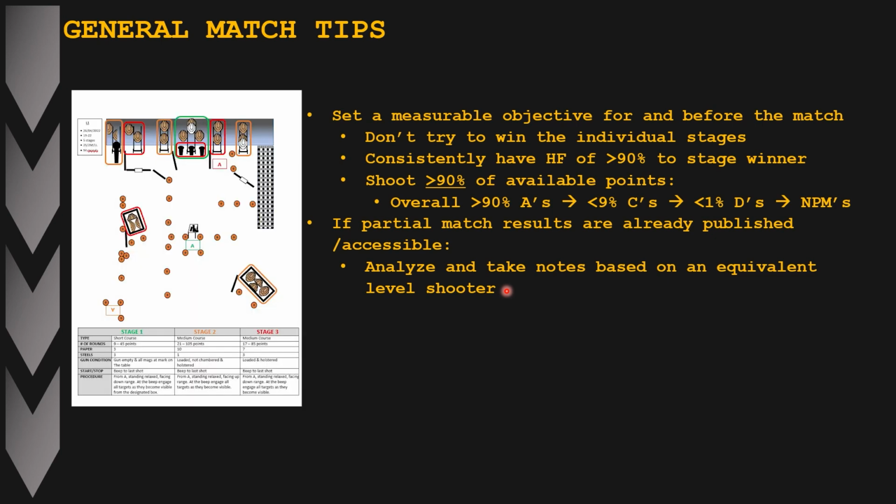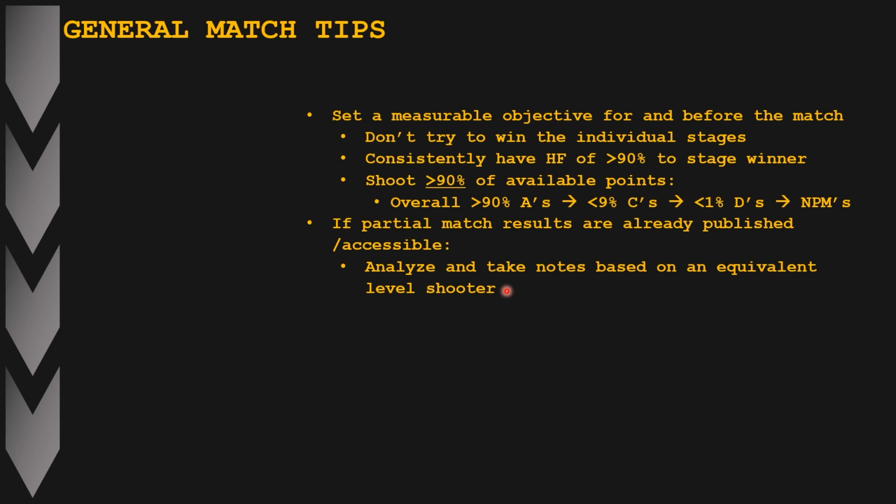Yes, if the written stage briefings are available and you have a lot of experience, you can calculate the approximate time it takes you. You know how many points you will get, and you can also calculate the approximate hit factor. But even better, if in Practiscore, for example, the results are already published, you can go there, find an equivalent level shooter, and take the information from that to integrate into your stage planning.